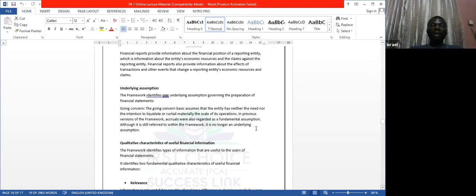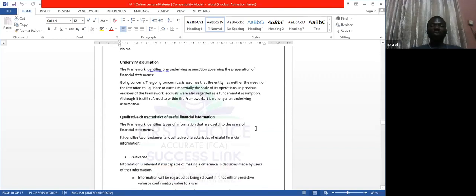Now let's talk about the assumptions. We have what we call underlying assumptions according to IAS 1, because financial statements are prepared on some assumption. The framework identifies one underlying assumption governing the preparation of financial statements, and that is that the organization is a going concern.